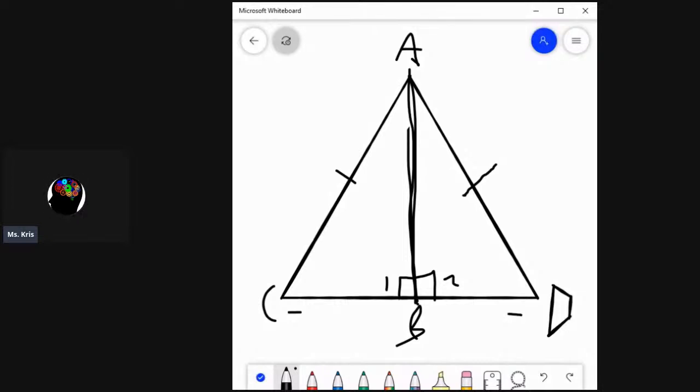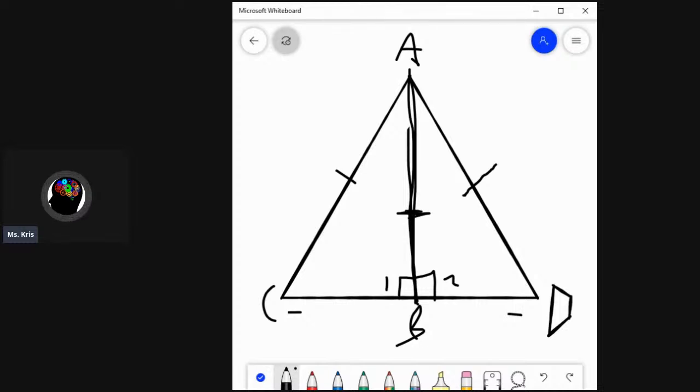Then you have side AC is congruent to AD, and AB is congruent to AB based on identity. AC and AD are congruent based on that it was given.